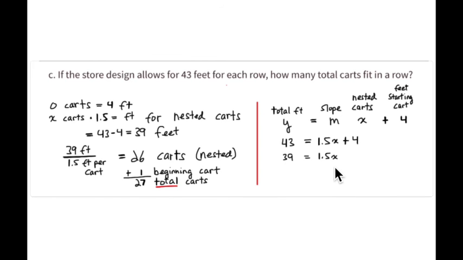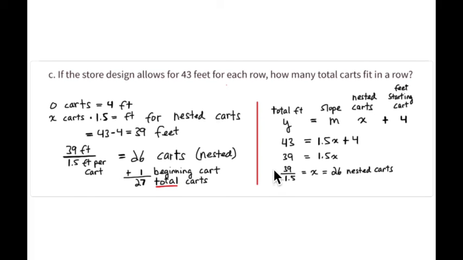So how many nested carts is that? Every time I take out 1.5 feet, that's 1 cart. So that's 39 divided by 1.5. So now algebraically you say either divide by 1.5 or multiply by 1 over 1.5, which is the multiplicative inverse. And I like that better, actually.